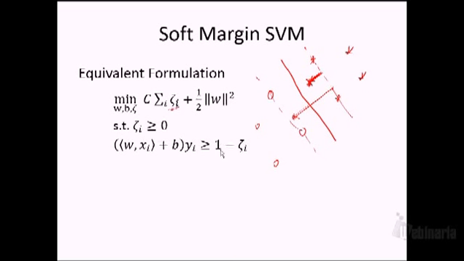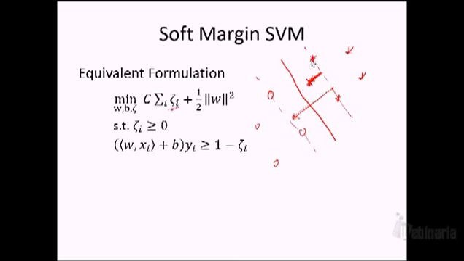And so now, rather than requiring each point to have a scoring function of exactly 1, to have a scoring function greater than or equal to 1, we now say that it has to be greater than or equal to 1 minus zeta i. And we have to constrain zeta i to be greater than or equal to 0.